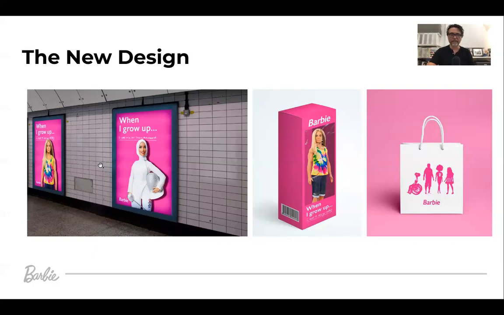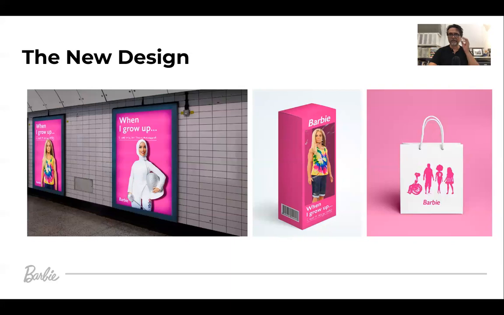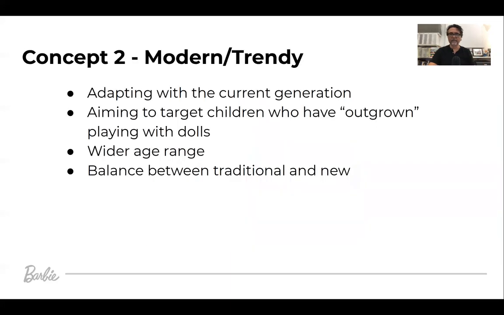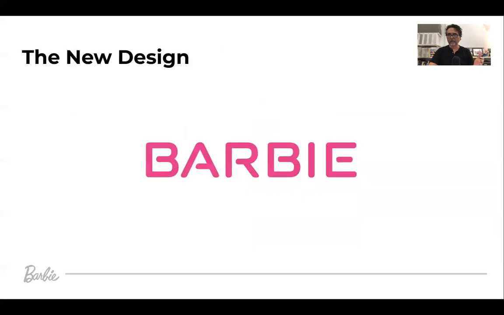Here she's showing an advertisement, a public advertisement, as well as a merch piece, a shopping bag, and keeping it nice and simple so that the logo becomes alive within the world of the brand. Here she adds a second page just to clarify the concept behind her ad as a little extra detail. And then again, repeating the same thing, having another concept, and then having the logo that reflects your concept.